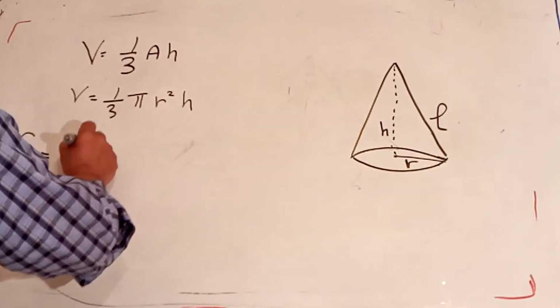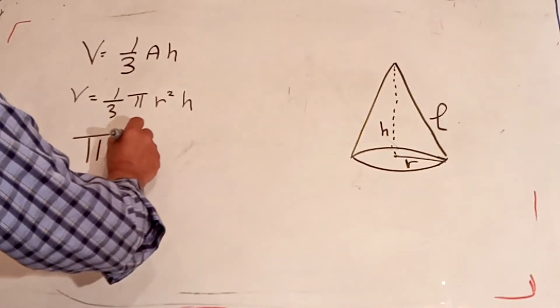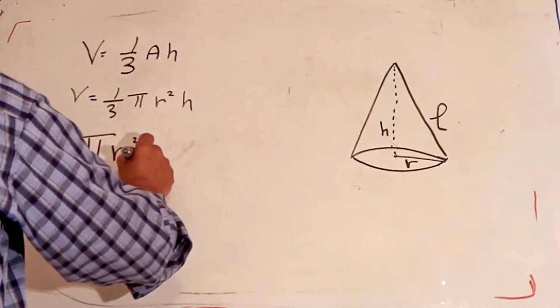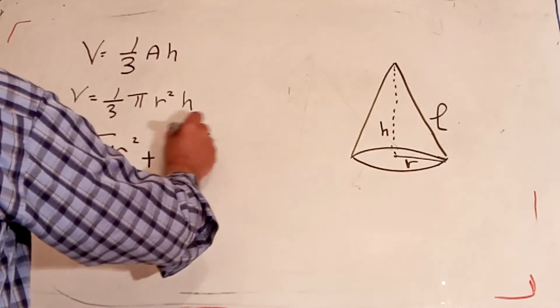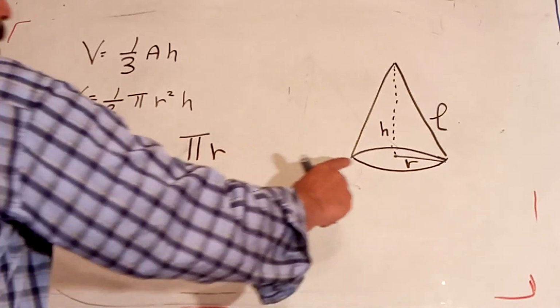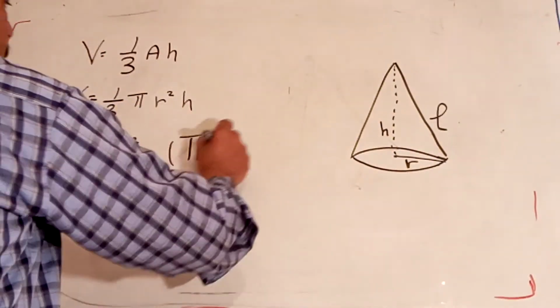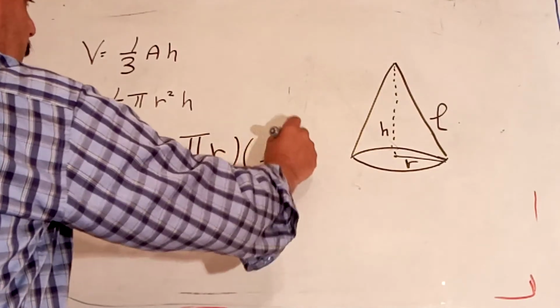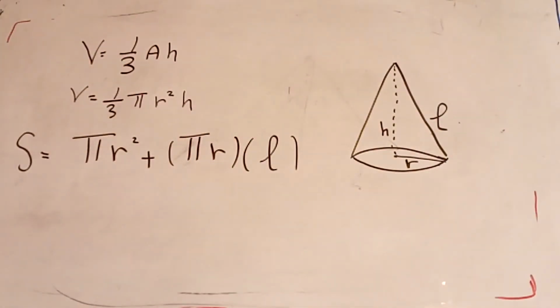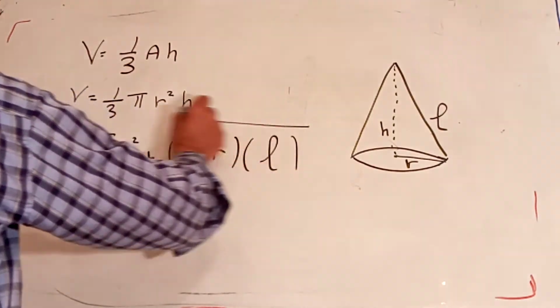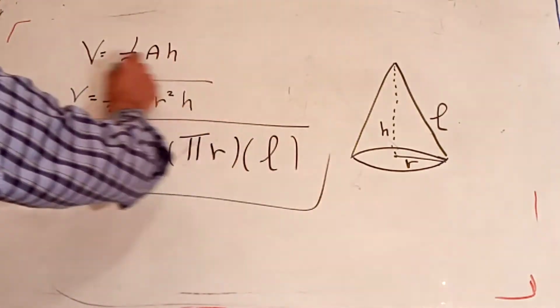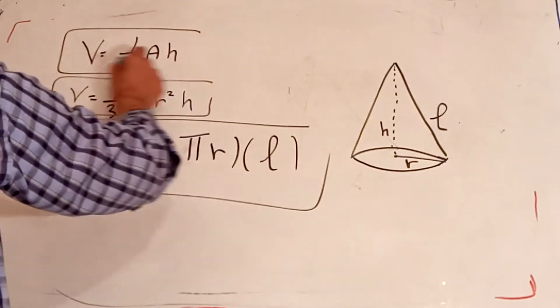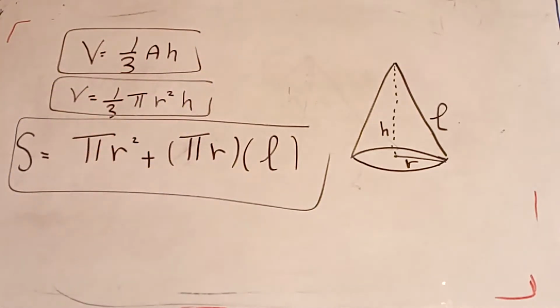The area of the circle is pi r squared, plus pi r L, where r is the radius and L is the length of the side. So these are the laws that we have: these are for the volume, and this is for the side surface.